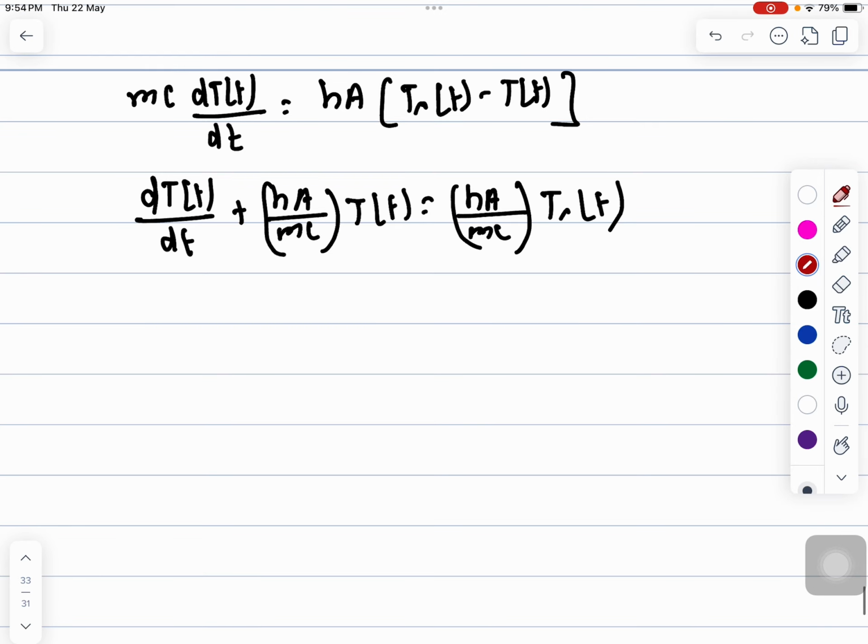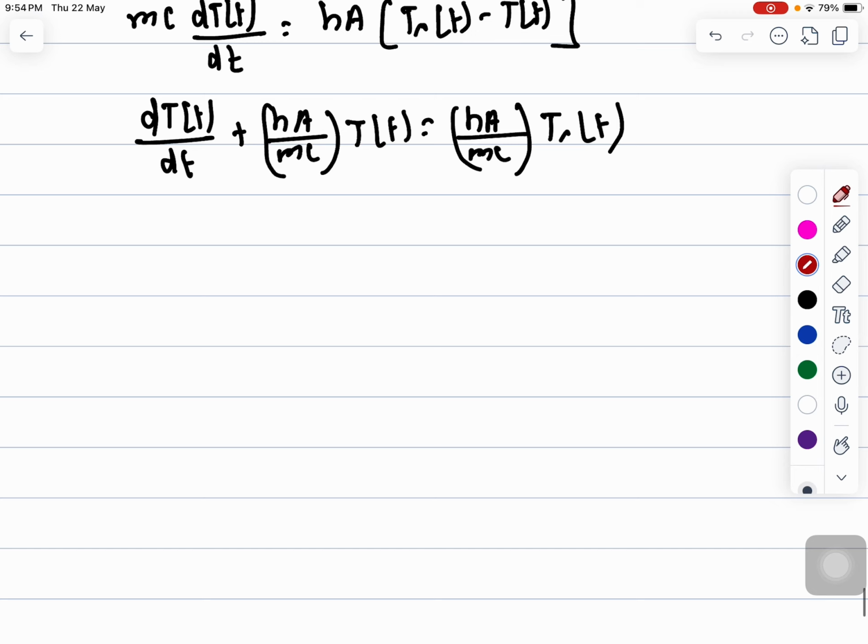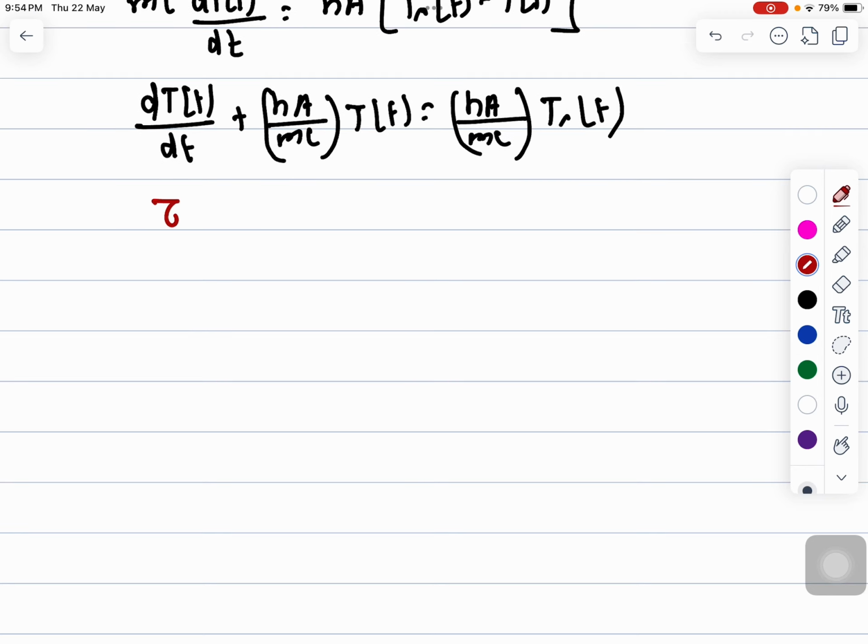So here I want to define a parameter tau. Tau I'll be defining as mc divided by hA, that is the time constant of the thermometer.